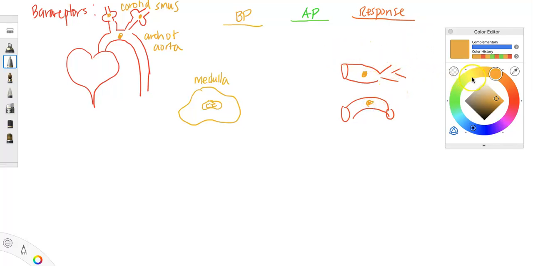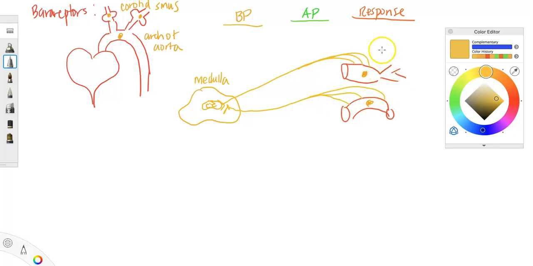Okay. And from these guys, they are going to send action potentials based on the stretch of these vessels, here and here, back to the cardiac center.